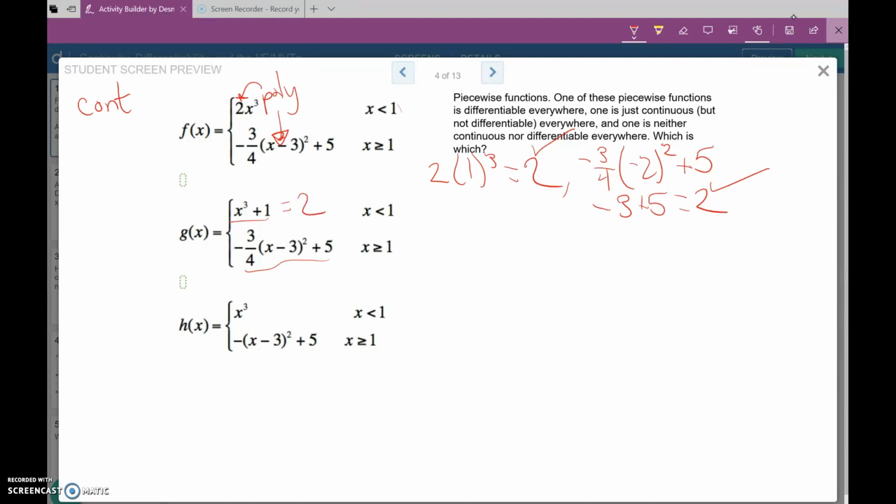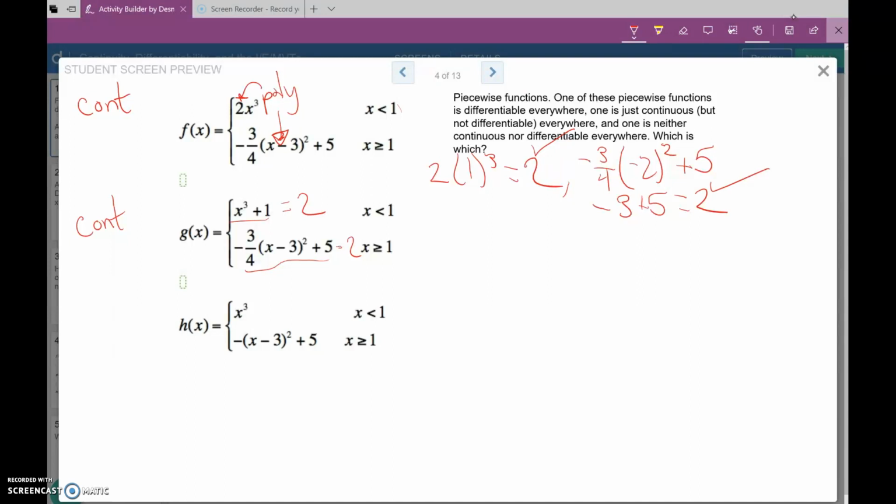When we plug in 1 here, that's the same as the first one, so we're also going to get 2. So this is also continuous. So both f and g of x are continuous everywhere, because both pieces are continuous everywhere, and at the switchover point, they also line up.